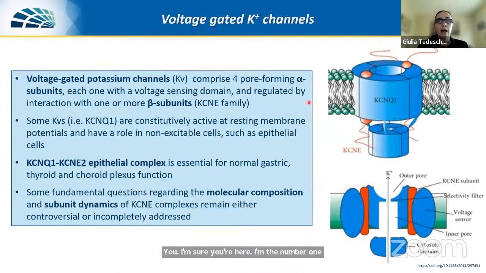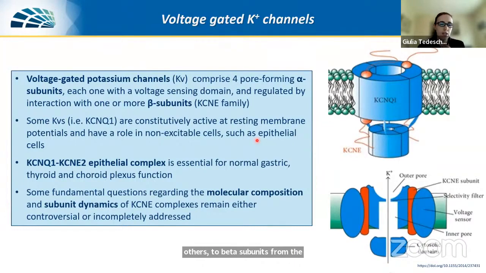So a little bit of background on the system that we're using and that Abbott Lab is an expert in. We're using voltage-gated potassium channels that are formed by alpha subunits that form a pore, and each of these subunits is regulated by interaction with beta subunits from the KCNE family.